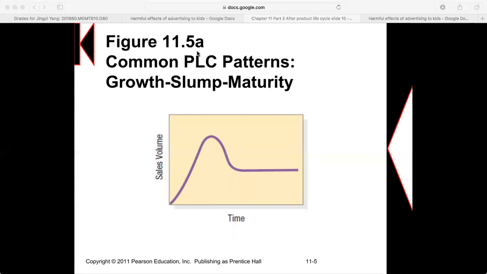Sales can grow very rapidly when the product is first introduced to the market, and then it will be very slow or stay average because the product has already been accepted by potential buyers in the market. Later on, this kind of product, kitchen stuff, will be replaced by higher technology. That's why you can see the line stay stable.